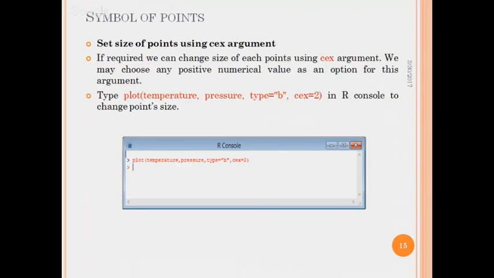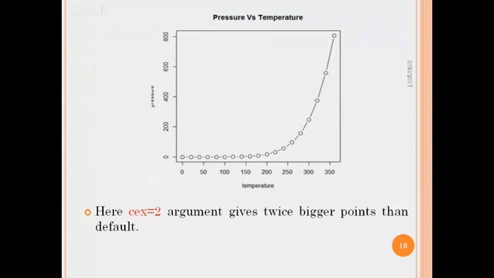If you keep on increasing, it will show your points so large in size, which is not required actually. So 1 is the default; make it 1.5 or 2. You can try this and then decide what value you want to give. You can see the difference when I make CEX equal to 2; this argument will help in increasing the size of the points.